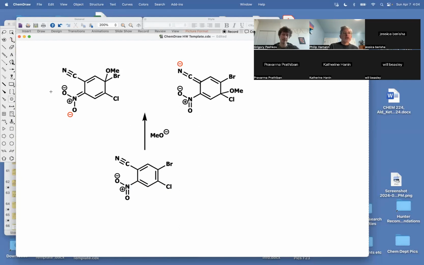There are two ways to draw that, and both of them are equally correct. They're resonance. So then this one will go here, and then it will shift this one over here. Is that how it will happen? Yeah, that's how you show the resonance structures. There's no reason you can't add the methoxy and show the negative charge here. That's a valid resonance structure. It just doesn't explain the role of the electron withdrawing substituents.